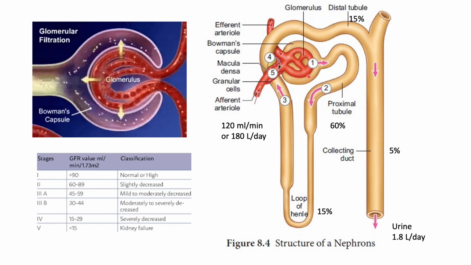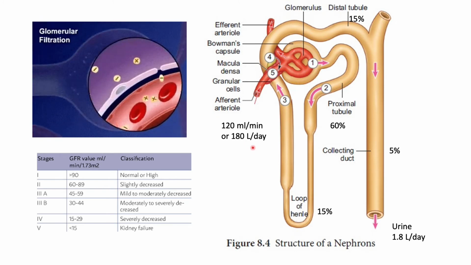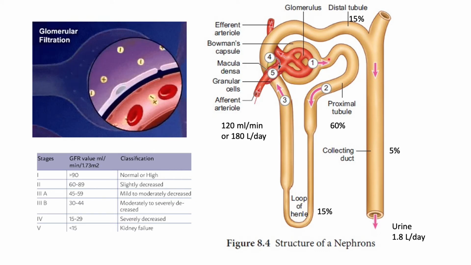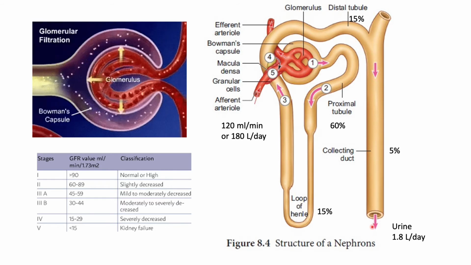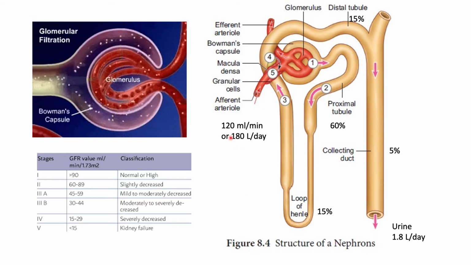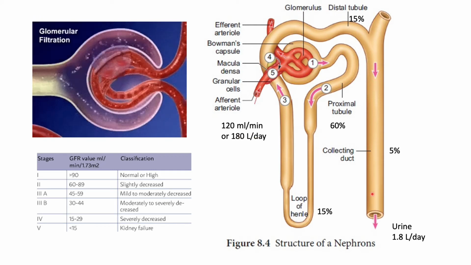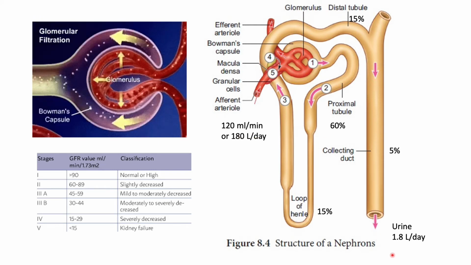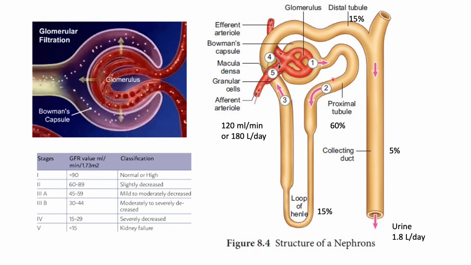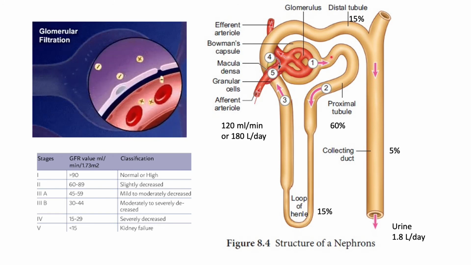Now, you would think that all that 180 liters per day will be peed out. Actually, no. Only 1% of that 180 liters per day will be peed out, so around 1.8 liters per day. Around 99% of the filtrate will be reabsorbed.